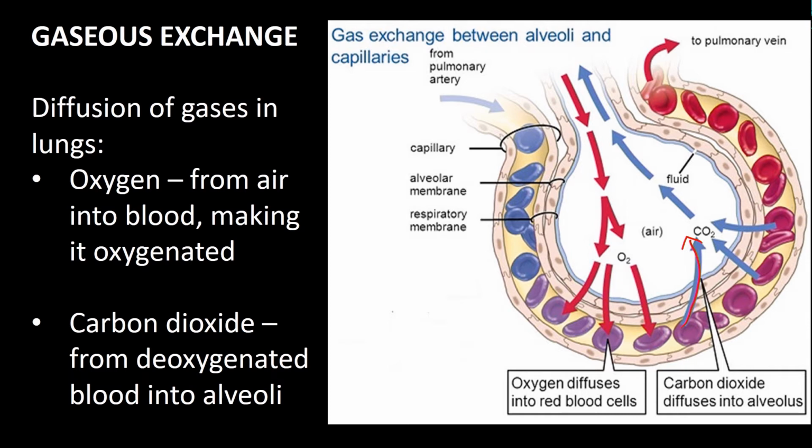In other words, the blood that came into the alveoli is deoxygenated blood, and the blood going here to the pulmonary vein is oxygenated blood. Okay, and you do need to know the difference between those terms.